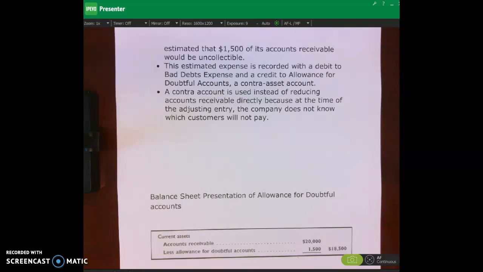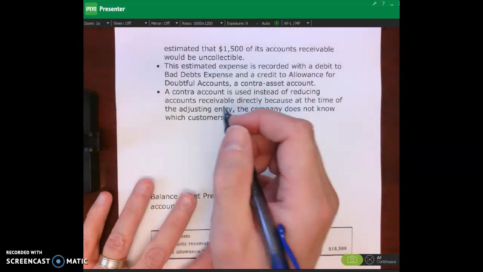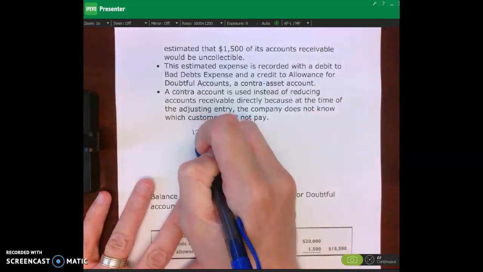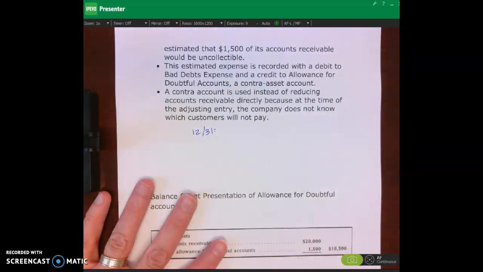The journal entry to record this would be done on 12/31 at the end of the accounting period, our adjusting journal entry.